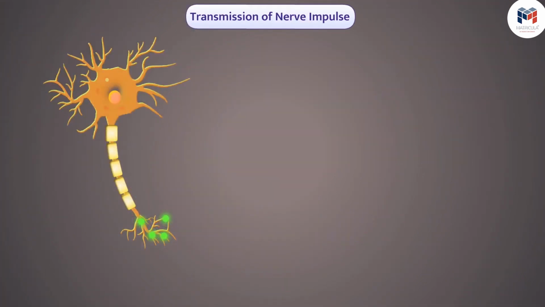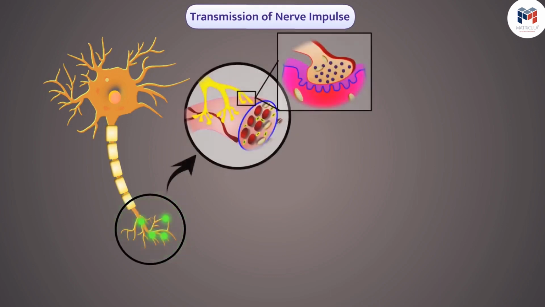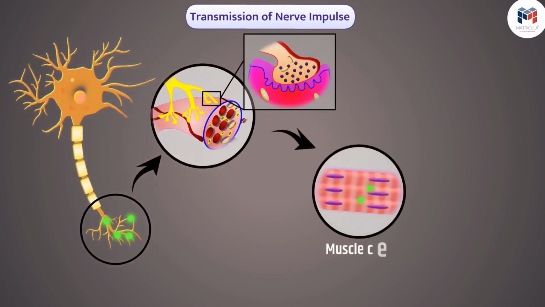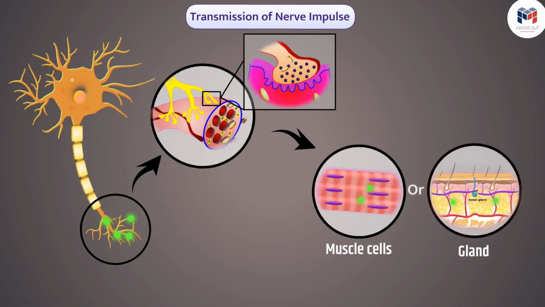At the end, the last neuron transmits the electrical impulse to the muscle cells or gland through a synapse. The synapse that transmits the electrical impulse from a neuron to muscle cells is called the neuromuscular junction. Muscle cells and glands convert the electrical impulse into action. Therefore, we call them effectors.